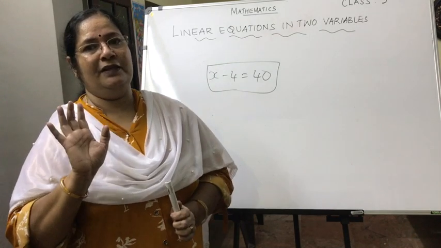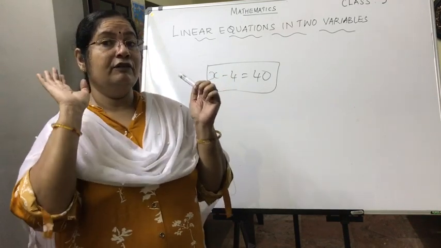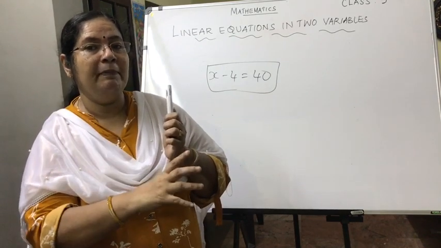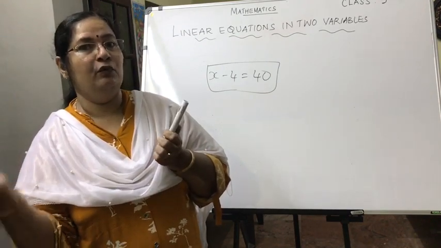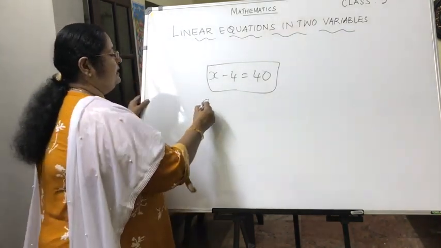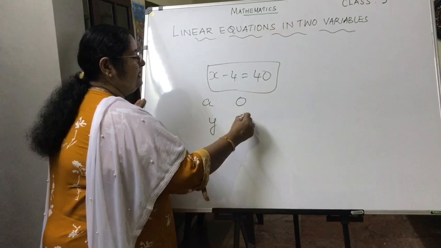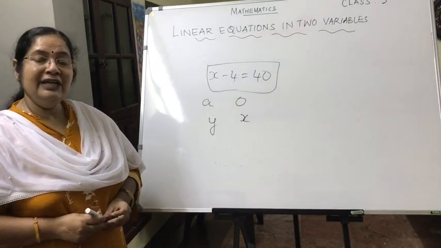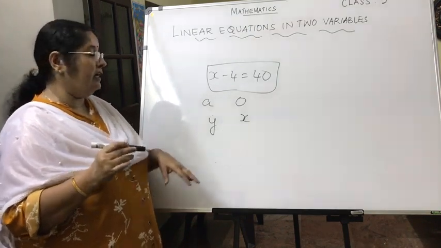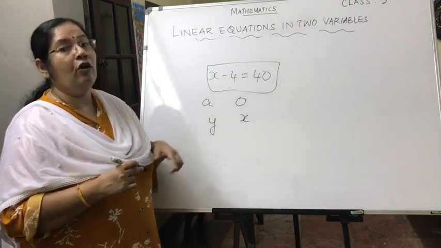But you know a relation between them. What is that relation? The apple's cost is 3 times the cost of an orange. So what you will do is assume the cost of apples and that of oranges with two different variables. Let the cost of an apple be Y rupees and the cost of an orange be X rupees. Now with the relation given, can't you form an equation? What is the relation or statement given? The cost of an apple is 3 times the cost of an orange.